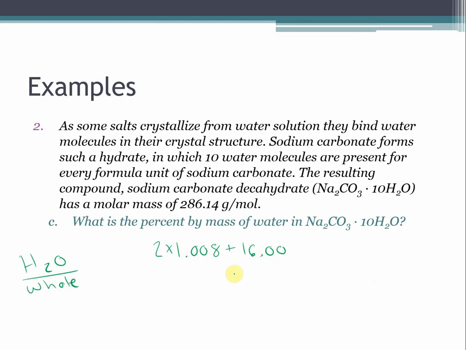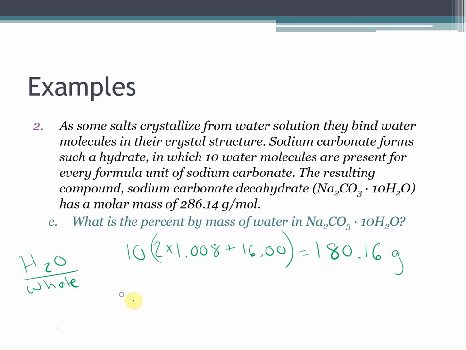This is the mass of one single water molecule, but we have 10 of them. So in the top of our fraction, we will take this mass of one water and multiply it by 10, which will give us 180.16 grams of water in 1 mole of this compound.